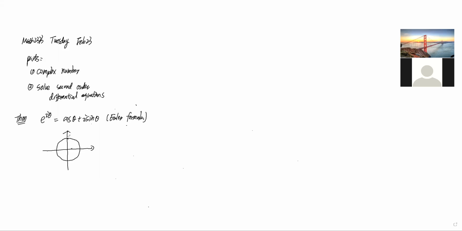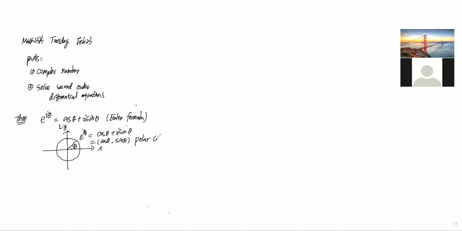So e^(iθ), this is the angle θ. e^(iθ) is cos θ plus i sin θ. If you think this is the x-axis, this is y multiplied by i, so the coordinate is cos θ, sin θ.